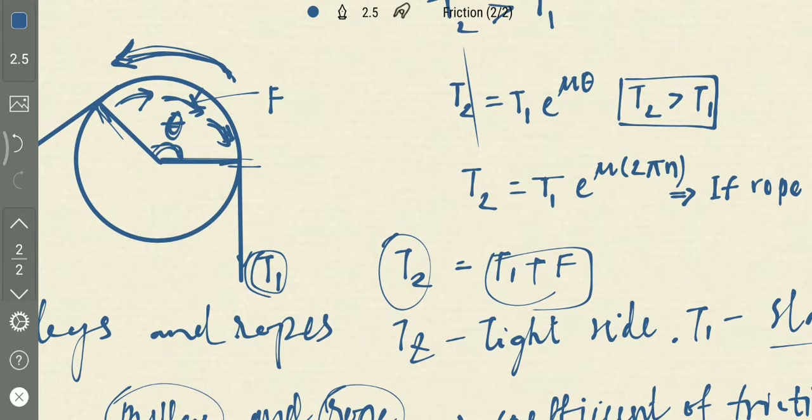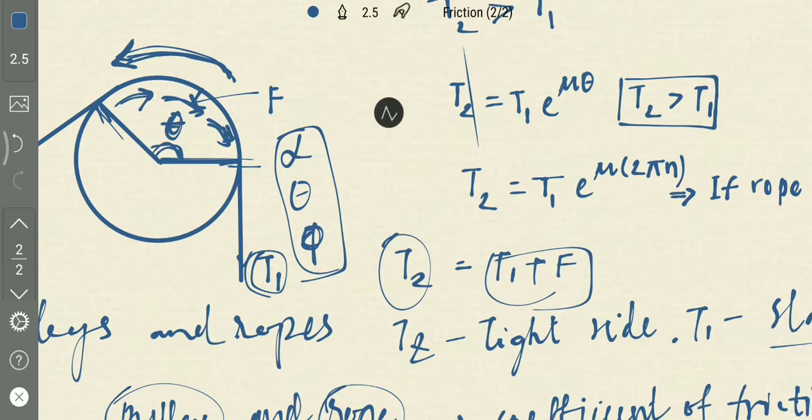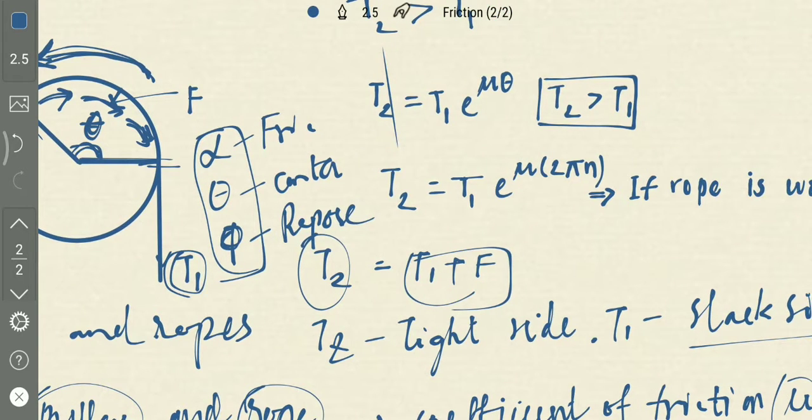Alpha is the angle of friction, theta is angle of contact, and phi is angle of repose. Up to friction, remember this is angle of friction, this is contact angle, and this is angle of repose. So the tight side tension T2 is equal to T1 into e power mu theta.